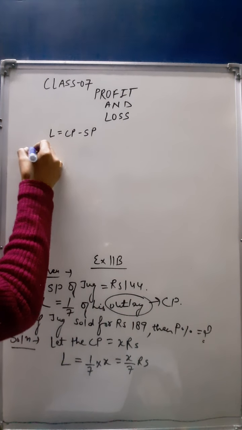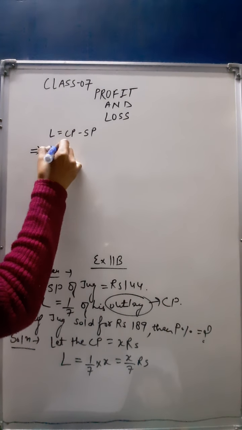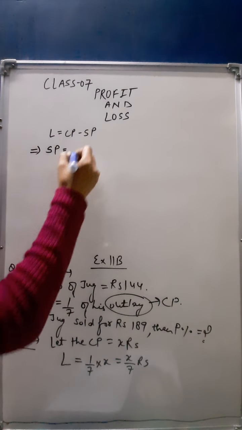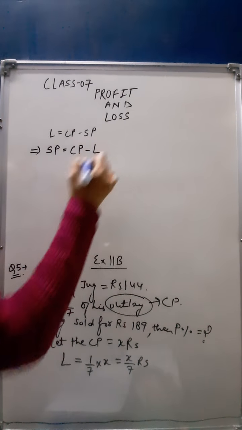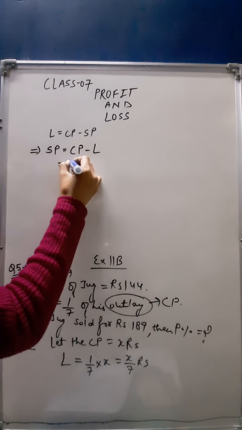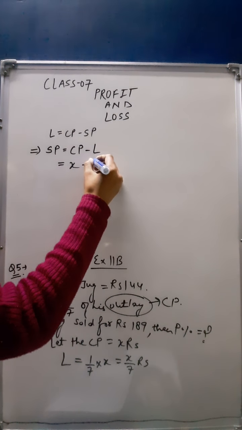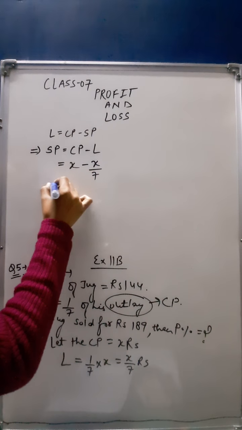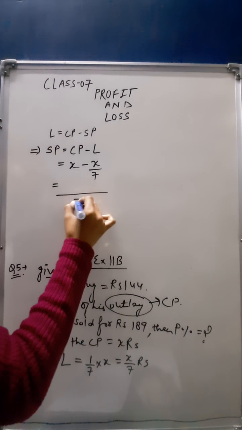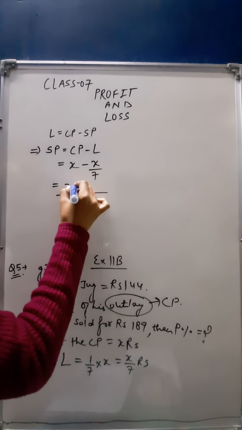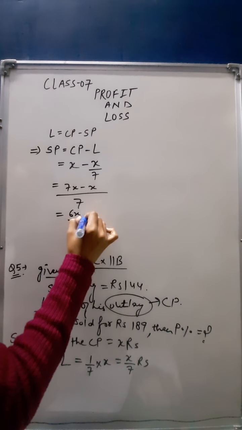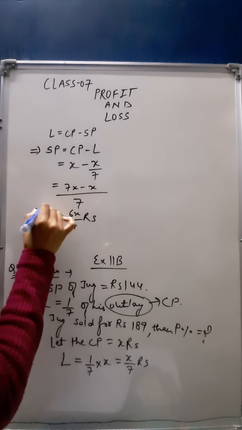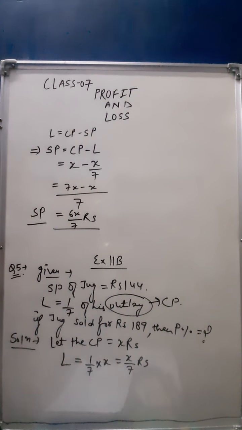So to calculate the value of selling price, the selling price comes out to be cost price minus loss. Now we know the cost price as x and the loss as x/7 rupees, so the selling price is x minus x/7, which is 6x/7. So this is your selling price.